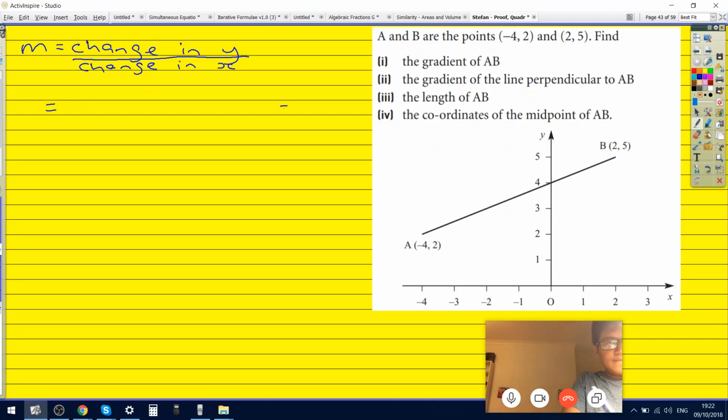Okay. The gradient of the line perpendicular to AB. So a perpendicular line is the negative reciprocal, so that is just minus 2. Yeah.